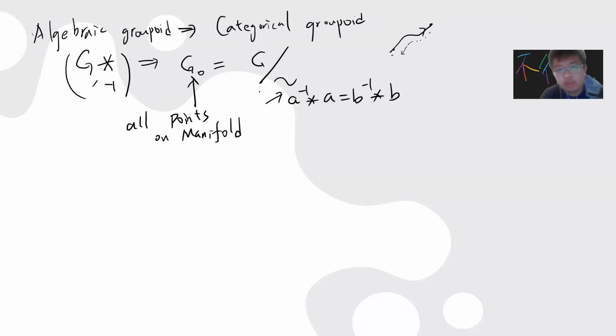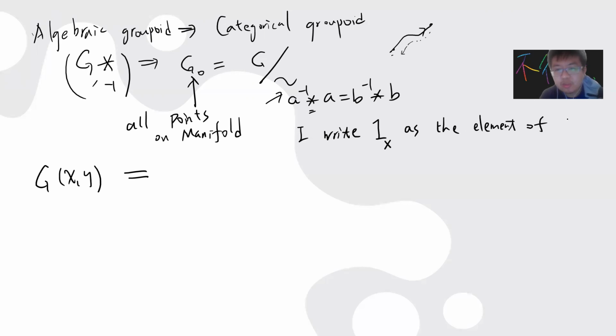So how about morphisms? Morphisms just use the composition to define. But before that, I should define a hom set. So I can define G(X,Y). By the way, I write an element in G0 as an identity. So I write identity X as an element of G0.